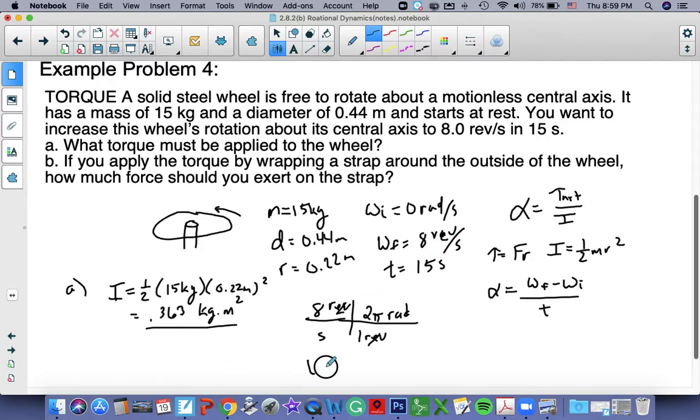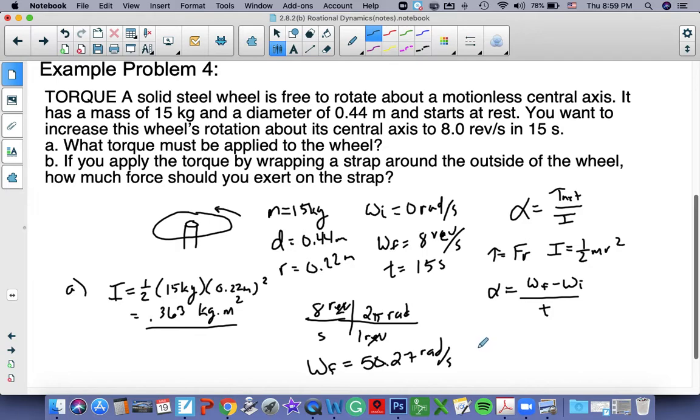So final angular velocity is going to be 8 times 2 pi, which is 50.27, and that is in radians per second. That's what we want. Okay, now let's use our angular velocity.